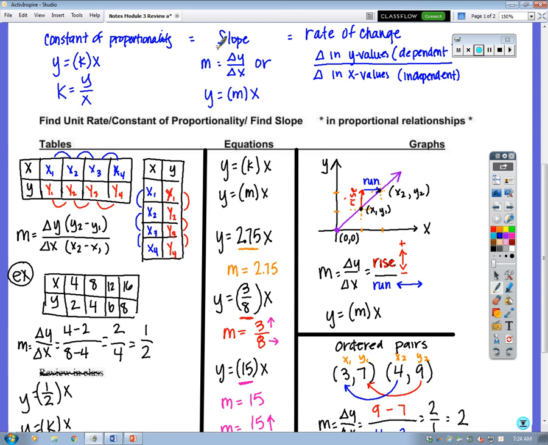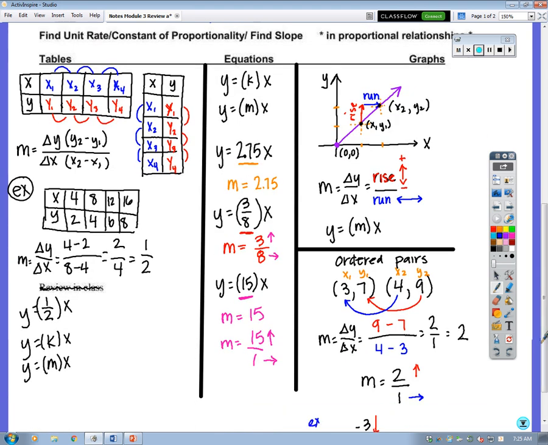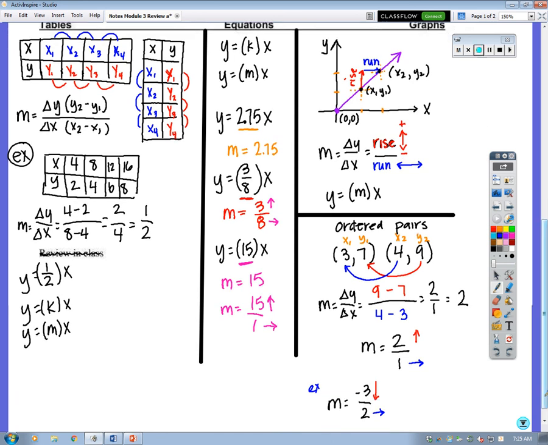So no matter what they're asking for, if it wants you to find the constant of proportionality, the slope, or the rate of change, you can use the same method for solving. Depending on what you've been given, if you've been given tables, you've got this method here. If you've been given equations, you've got this right here. Graphs may not always be in this quadrant, but we find slope the same way. And if you've got ordered pairs.